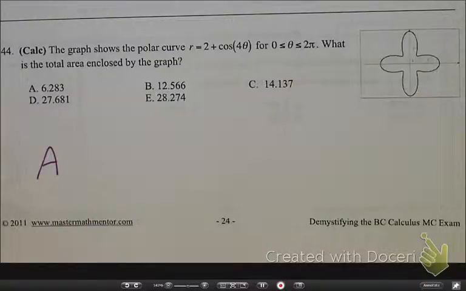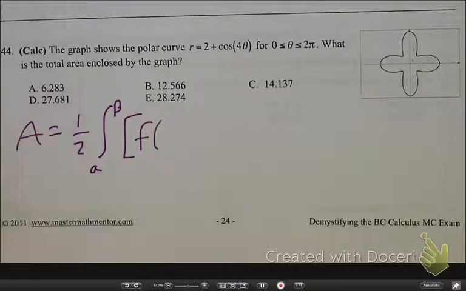Area equals 1/2 the integral from alpha to beta of f of theta squared d theta.